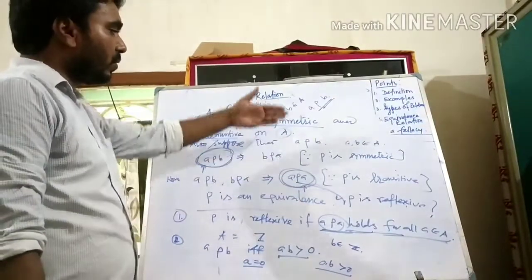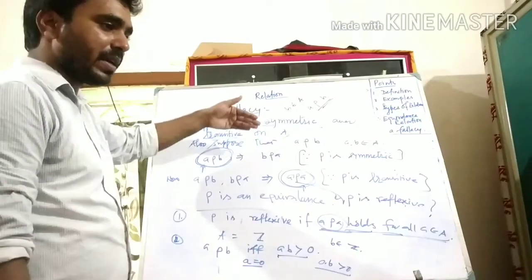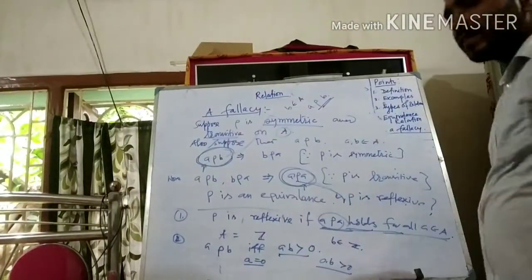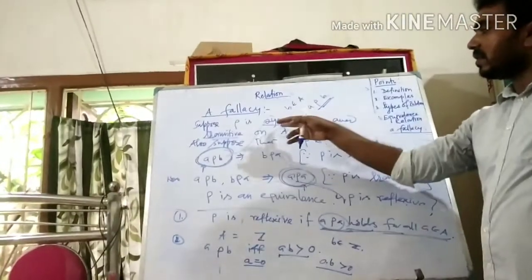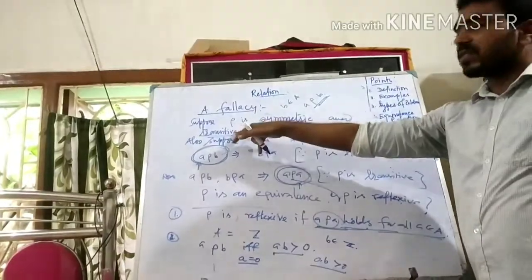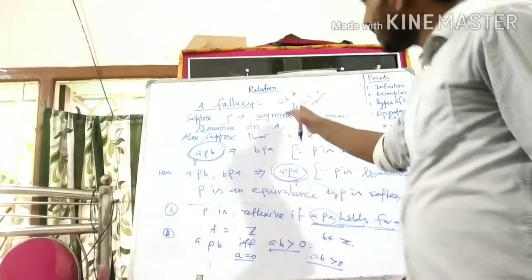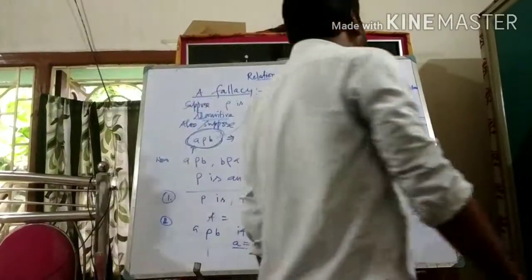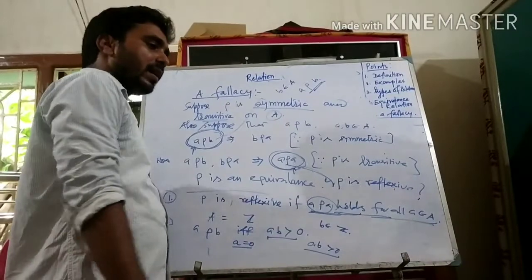For example, we have seen in the previous example that rho is not reflexive, but it was symmetric as well as transitive. So reflexiveness, symmetricness, transitiveness are all three independent definitions. One cannot imply the other.